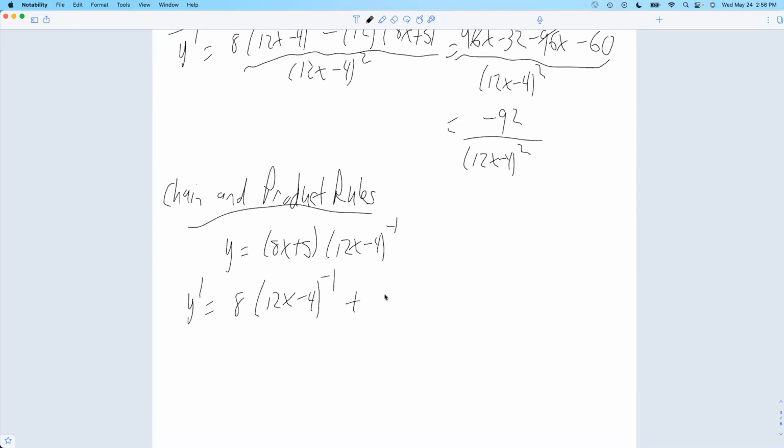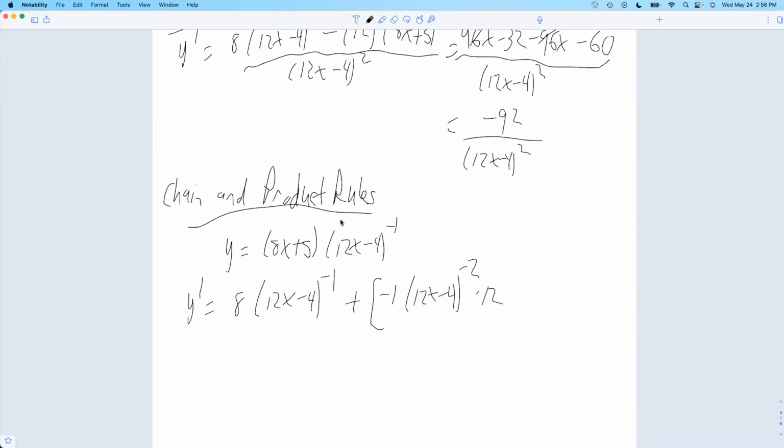The derivative of this guy will be negative 1 times, leave the inside alone, to the negative 2 times the derivative of the inside.